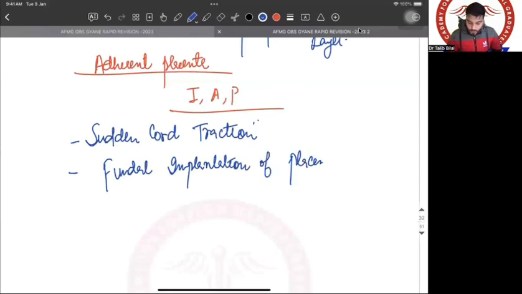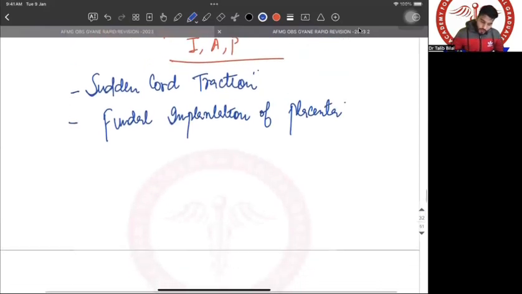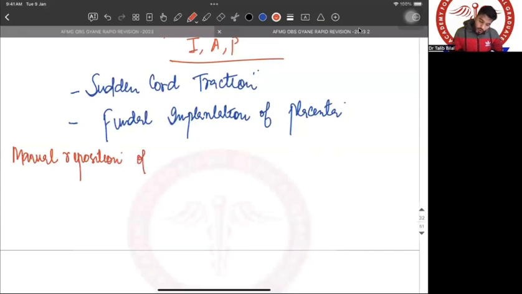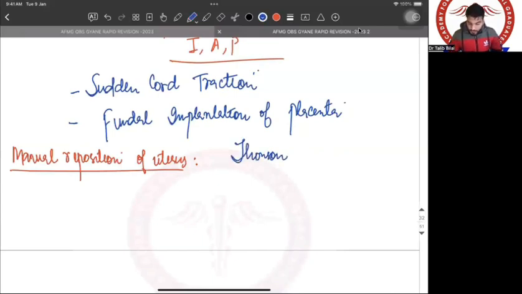So these are all the causes for uterine inversion. Okay, guys, in uterine inversion, the first thing you have to do is obviously resuscitation, IV fluids, and then the manual reposition of the uterus. The maneuver that we use for the manual reposition of the uterus is called Johnson's maneuver.